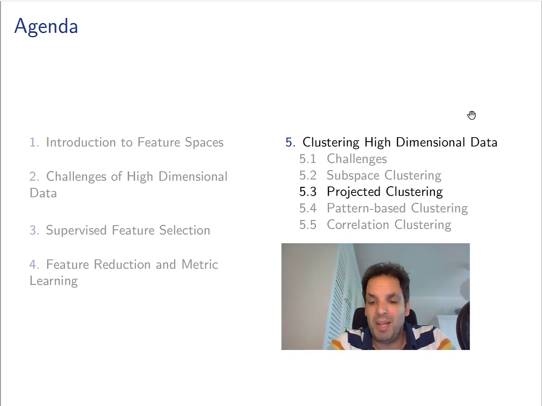But anyway, those subspace clustering algorithms start with one-dimensional subspace clusters and merge them to form high-dimensional subspace clusters. For many of them, we got to know about these monotonicity criteria.